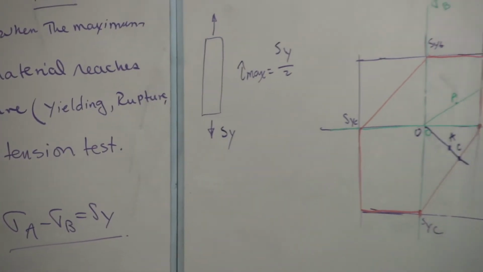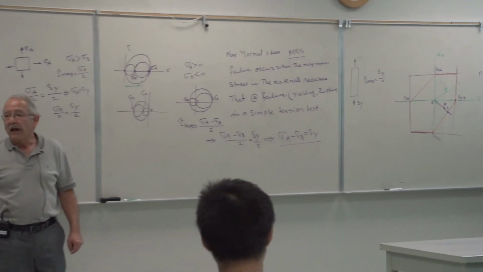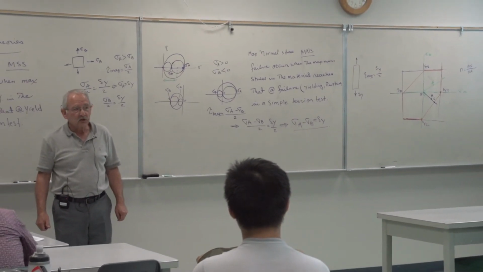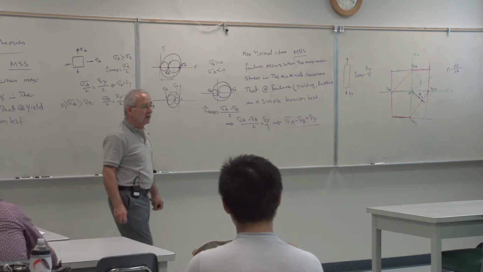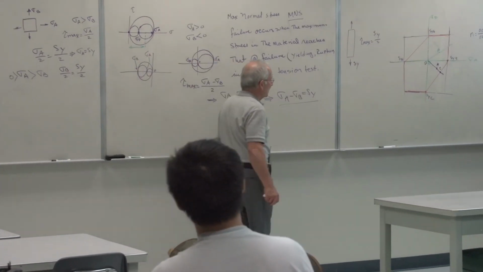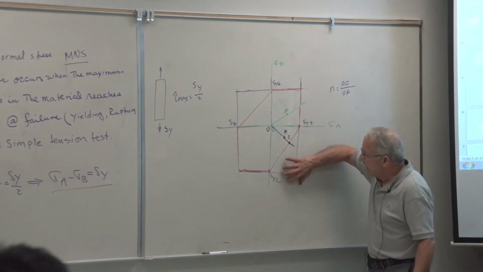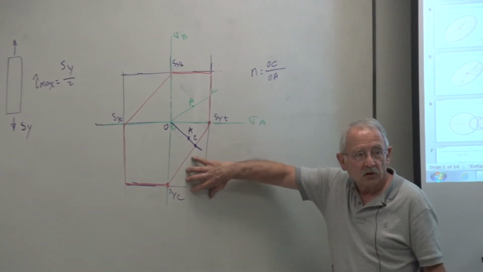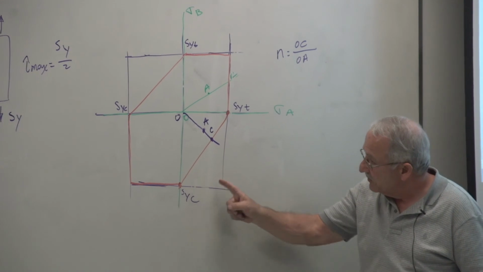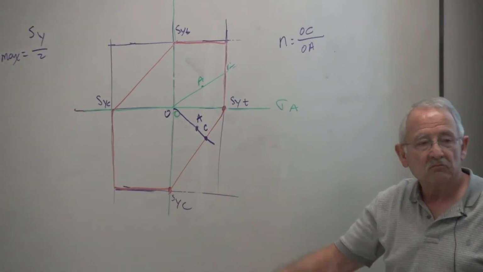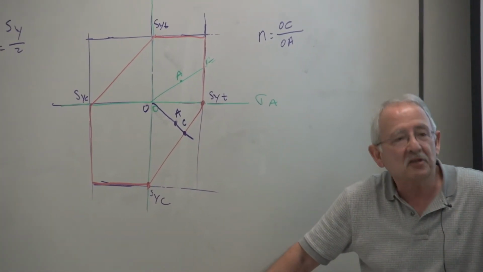That's the maximum shear stress theory of failure. And it agrees with experimental results a lot better than the maximum normal stress. In fact, maximum normal stress fails you here. It says this area is safe, where that area is not safe.